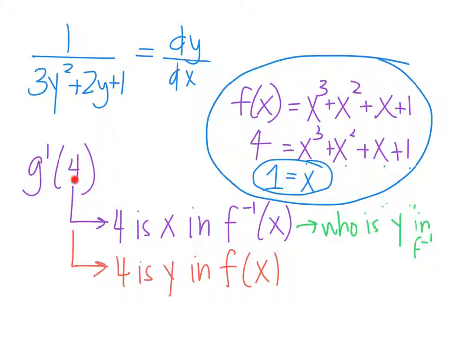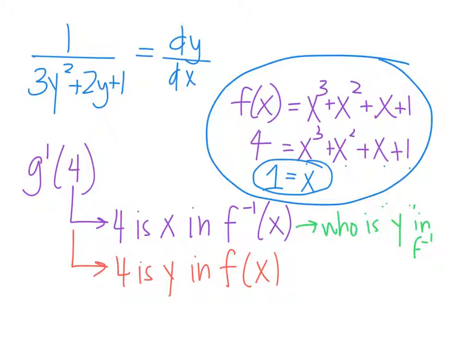I can't find g prime of 4 using 4 because the derivative is in terms of y, and 4 is an x value in inverse world. Who is y? That's what we're trying to figure out.